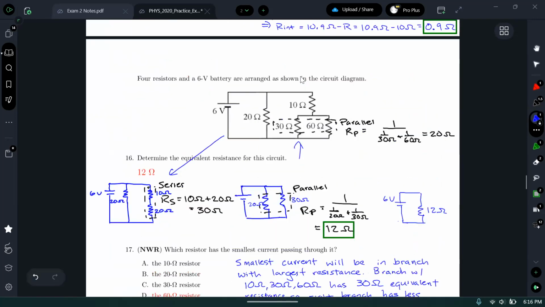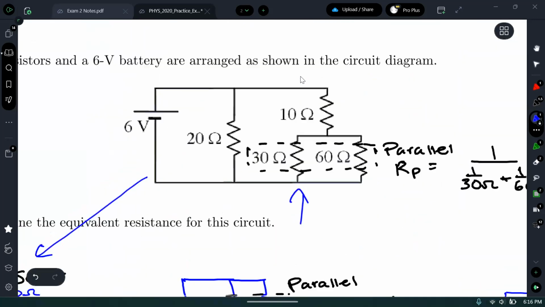Okay. So let's look at our original circuit. What do you notice about the 30 and 60 ohm resistors? They're parallel. What's true about parallel resistors? They have the same voltage. Mm-hmm. Okay, so that's the first point. Now I notice that those together are in series with this resistor. What's true about the voltage for series resistors?